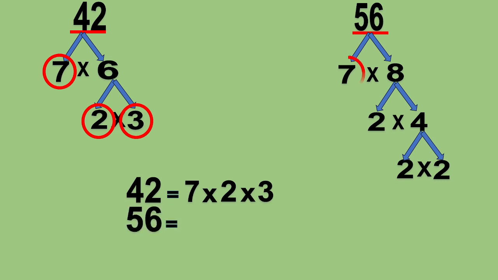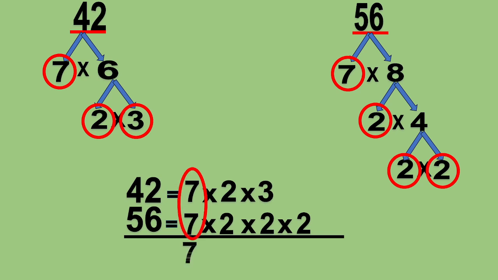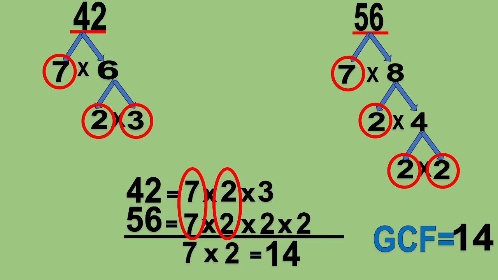We have 7 times 2 times 2 and times 2. Then, we need to find the common prime factors of 42 and 56. We have 7 and 2. Then, multiply the common prime factors. 7 times 2 equals 14. So, the GCF is 14.